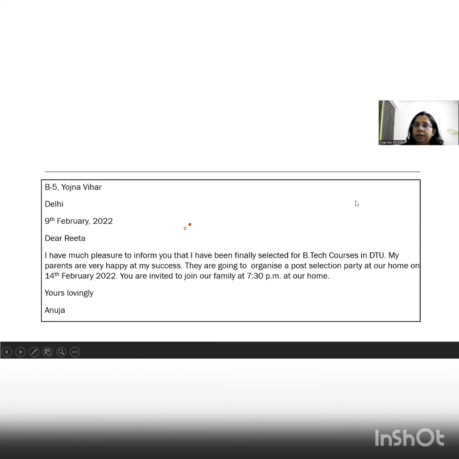Now let's see a sample of it. Again, in a box, on the top, you will write down your address, the sender's address, B5 Yojana Vihar, Delhi. Then the date, 9th February, and then dear Rita, to whom you are sending the invitation. Then leaving a line, you will write a small letter.